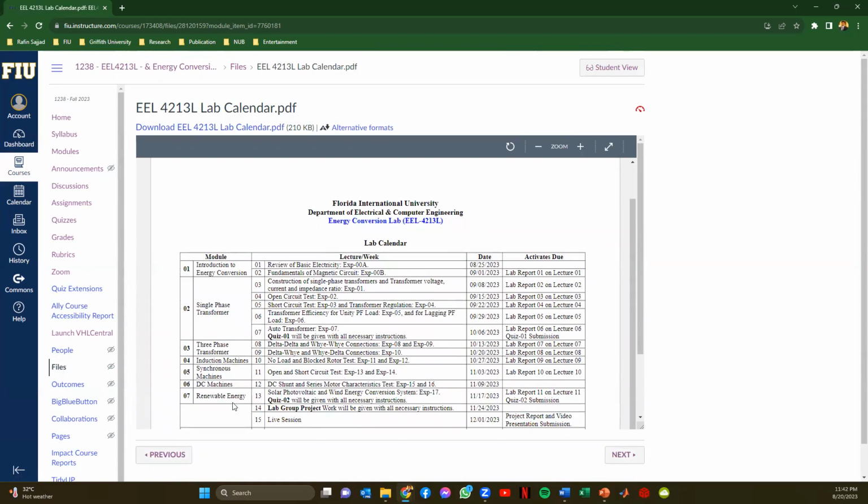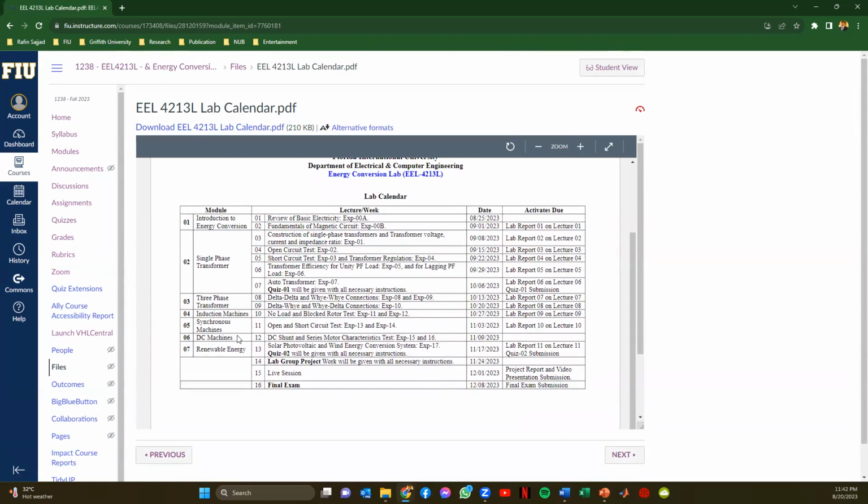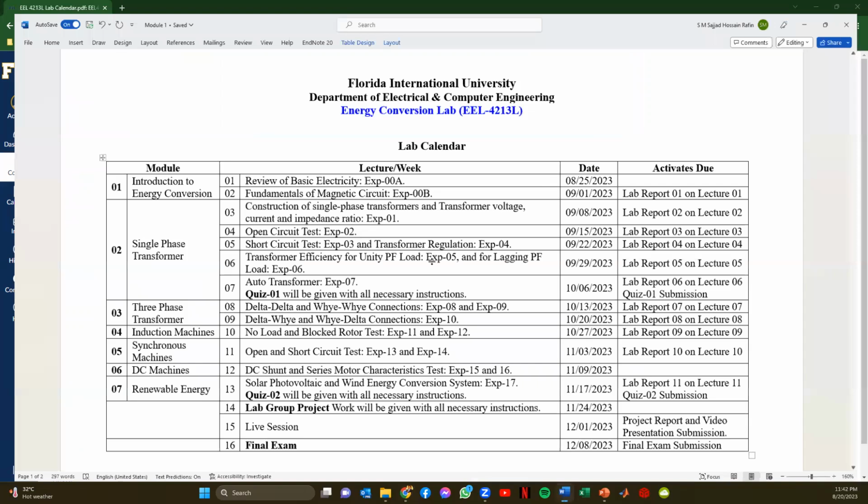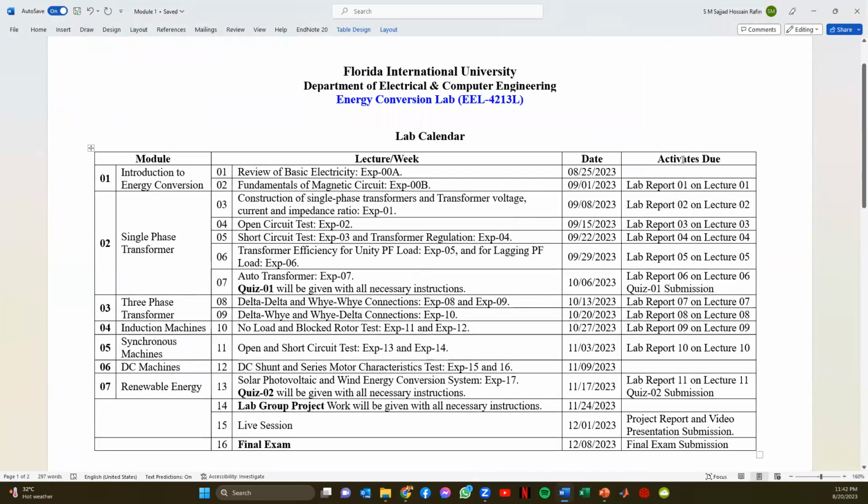There are 5 modules in this course. The first one is Introduction to Energy Conversion, which is module 1. Under this module, there will be 2 lectures in 2 weeks.